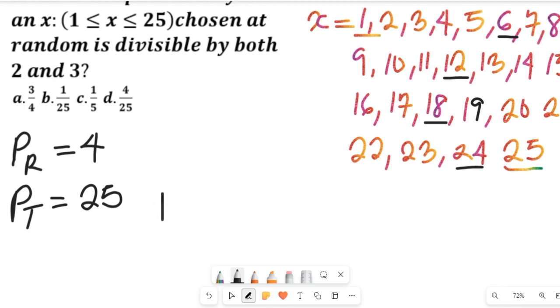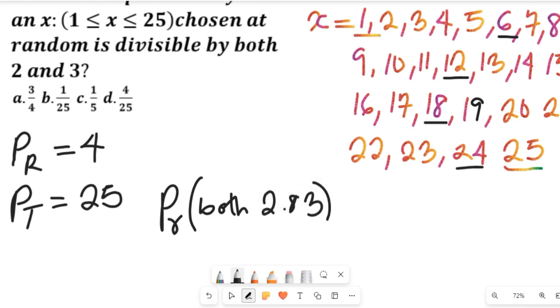So the probability of choosing at random numbers that are divisible by both 2 and 3 will be equal to the required outcome, which is 4, divided by the total outcome, which is 25.